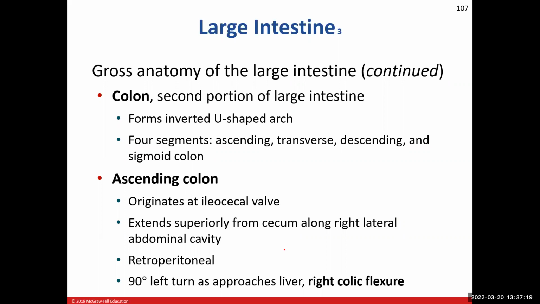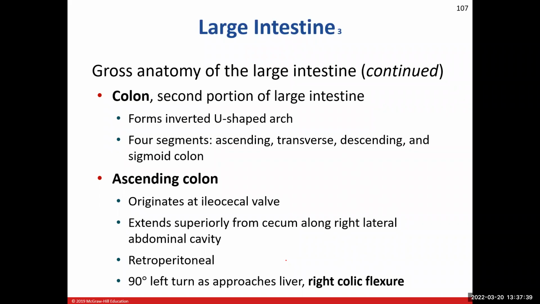The colon is going to move its way superior, then traverse your abdominal cavity, and then go inferiorly, so it shapes an inverted U. Again, keep in mind, these segments are going to alternate retroperitoneal with intraperitoneal regions.